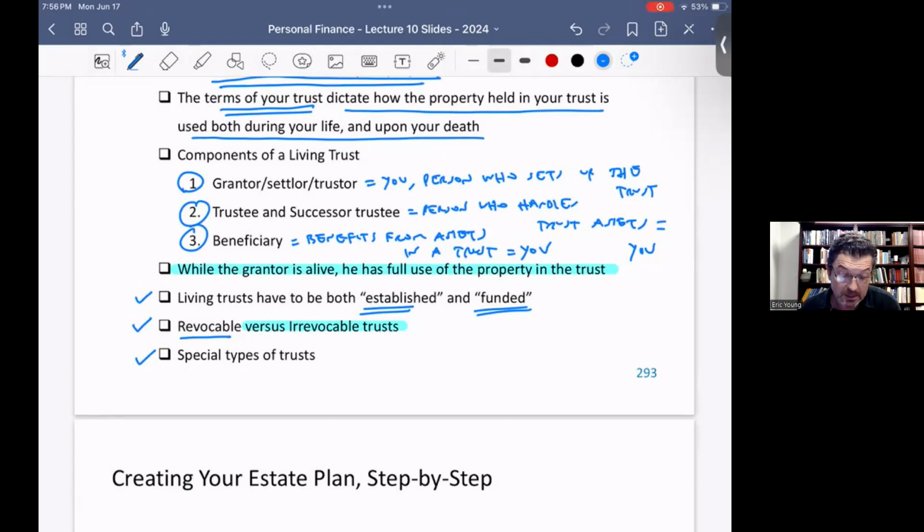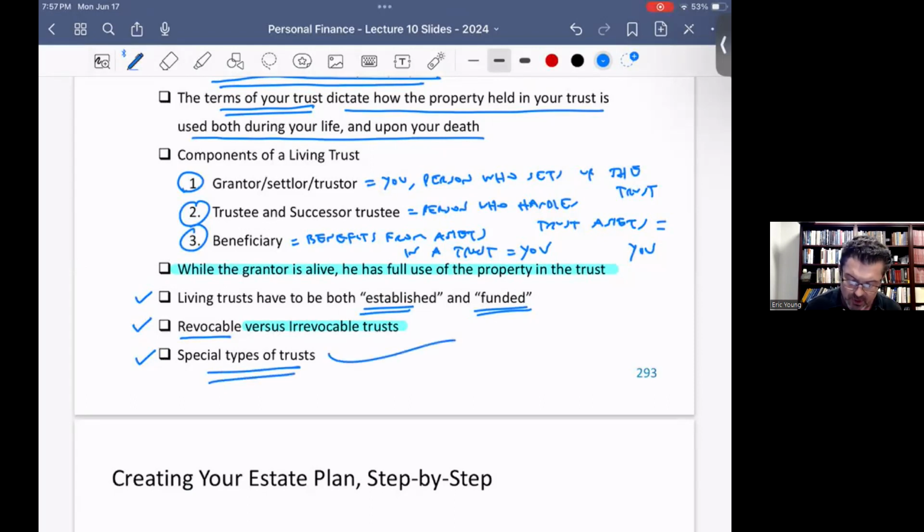Quite literally, you could die today, and within a couple of days, your successor trustee can start distributing assets out of the trust according to your wishes. Advantage number three, trusts are also private. And the fourth advantage is trusts can be specially tailored based on unique needs that you have.